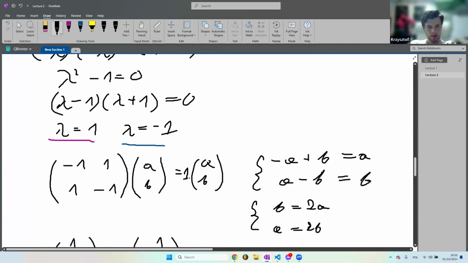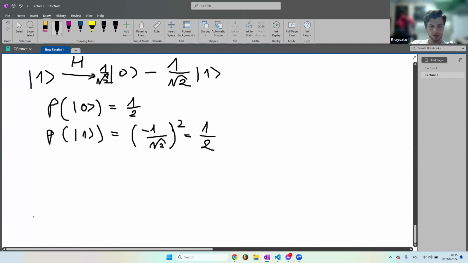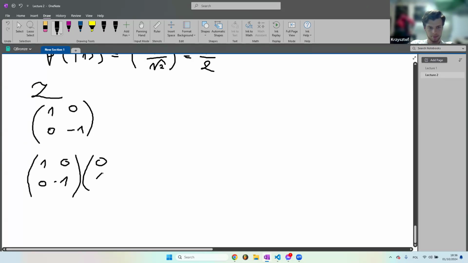Okay, so we have also one gate left, which is the Z gate, and it is defined as (1, 0) in the first row and (0, -1) in the second. And let's see how this gate reacts to a 0 qubit. And it actually does nothing. I'm sorry, I made a mistake.